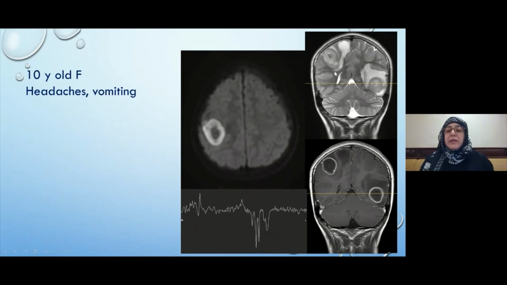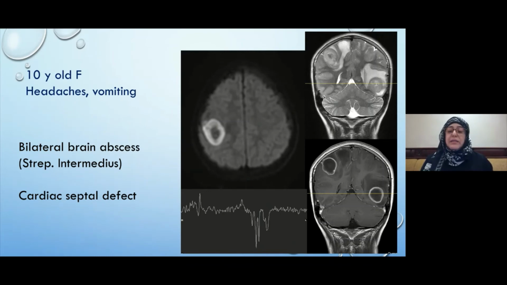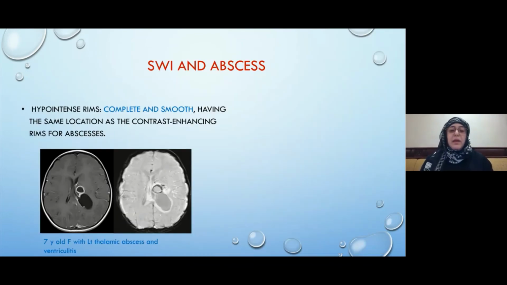If there are bilateral lesions in the brain, we have to check for congenital heart defects causing left to right shunt. On SWI, it is reported that the wall of the abscess can show smooth hypointensity that correlates with the smooth enhancement of the abscess.